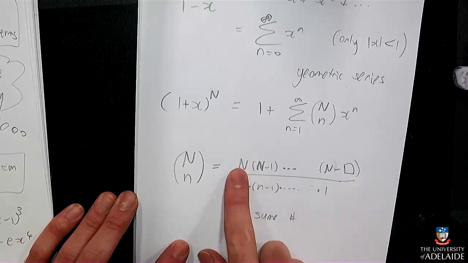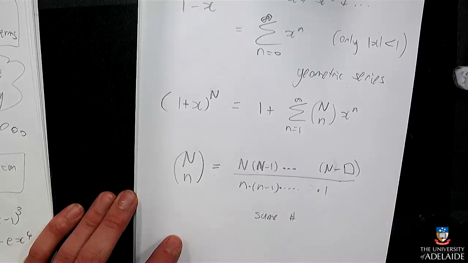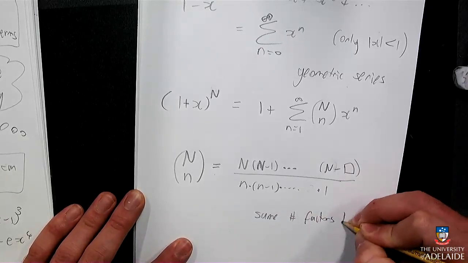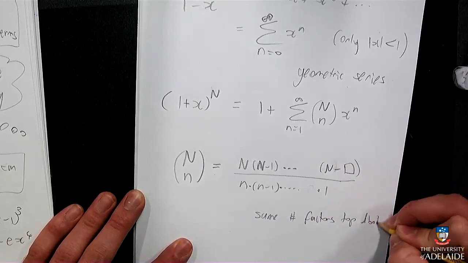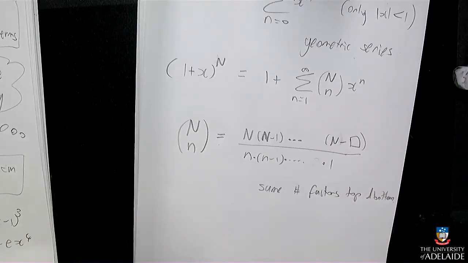So you take off 0, you take off 1, you take off all the way up to n minus 1, and then there's n things that you've taken off. Same number of factors, top and bottom. Okay, that's what this is.